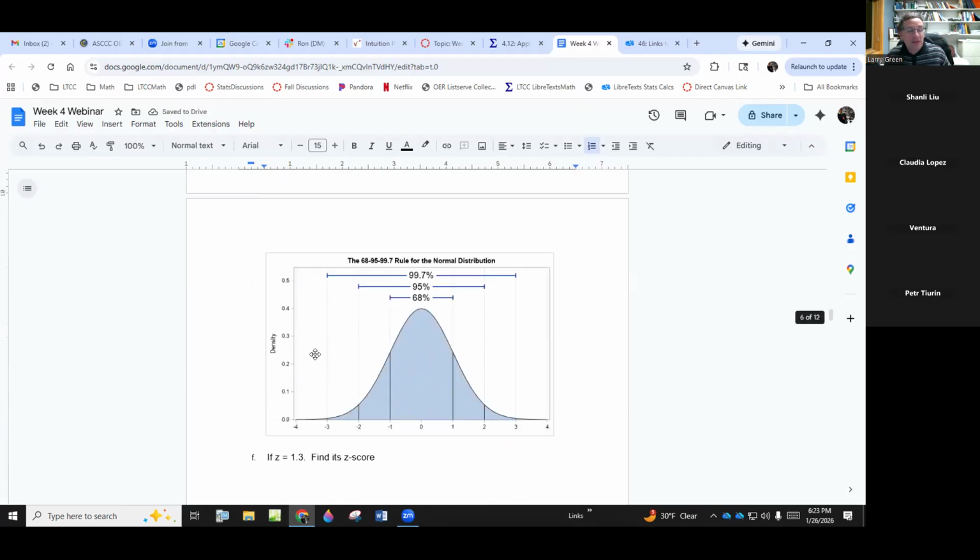Okay, here comes the next question. Okay, now if z is 1.3, find its z-score. Let's see if you can do that. Put in the chat box the answer to that. The hint is it's really easy. If z is 1.3, find its z-score.